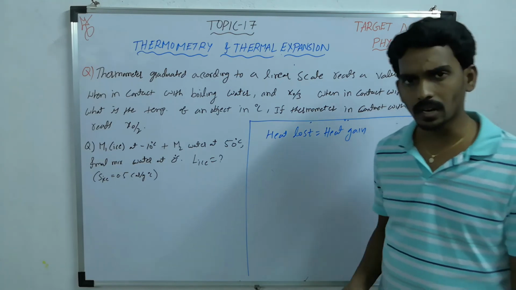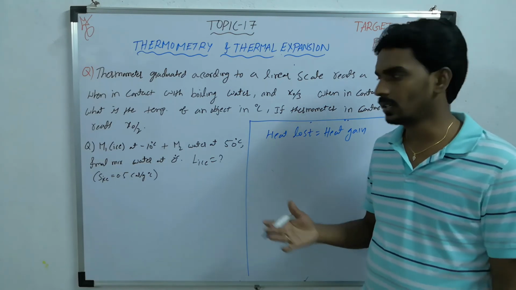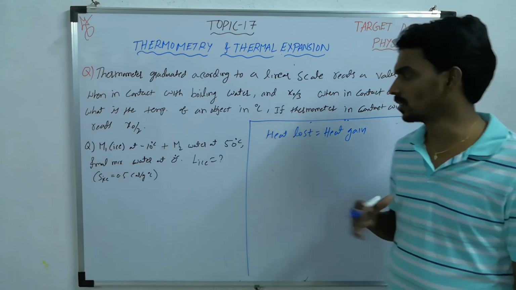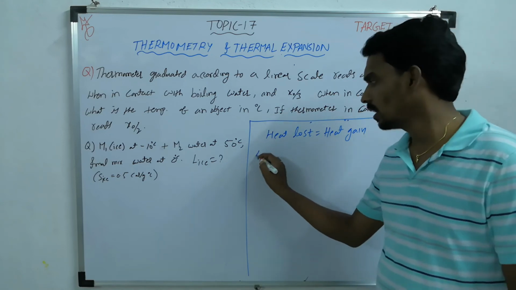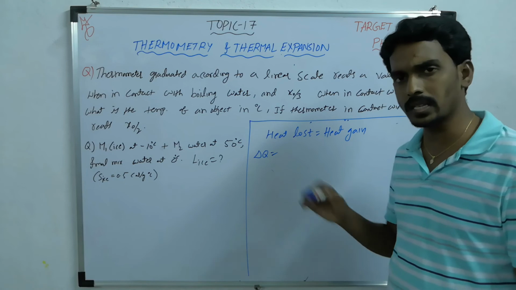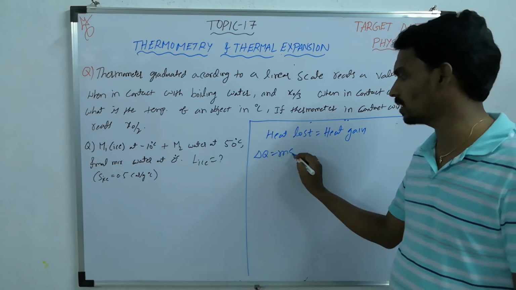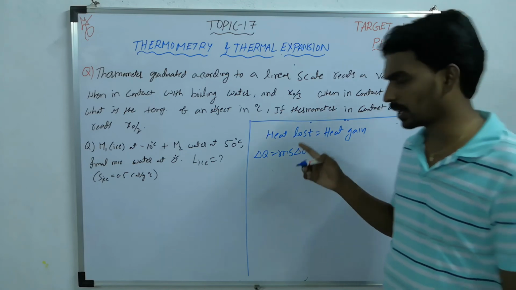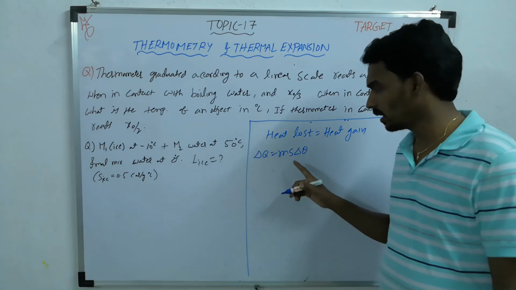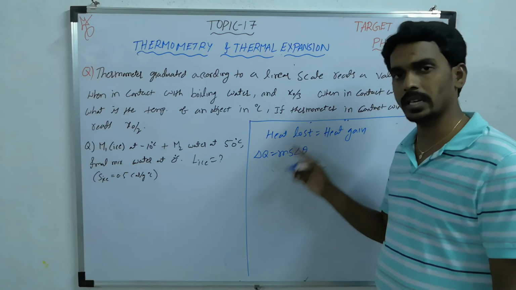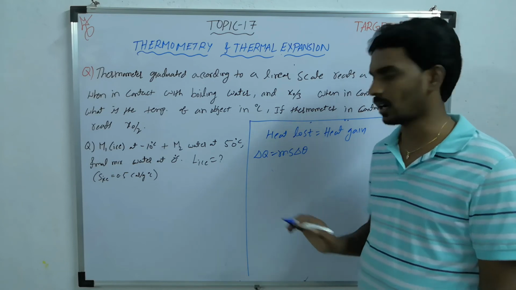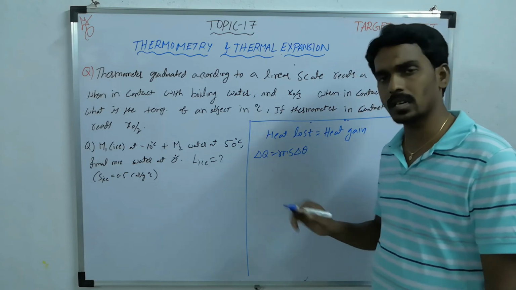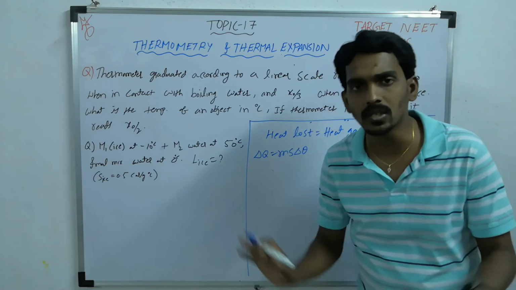Here, for such kind of conversion of state or change in temperature, you need to remember two things. The heat required to change the temperature of a substance is m s delta theta. Heat is released when the temperature decreases, and heat is absorbed when the temperature increases by delta theta. Whenever the temperature changes, the state of the substance remains constant.